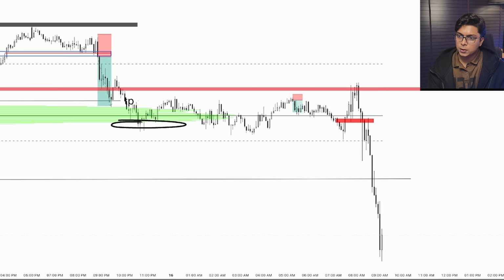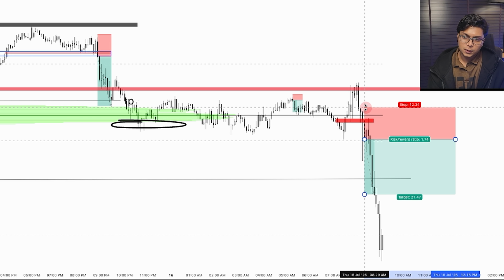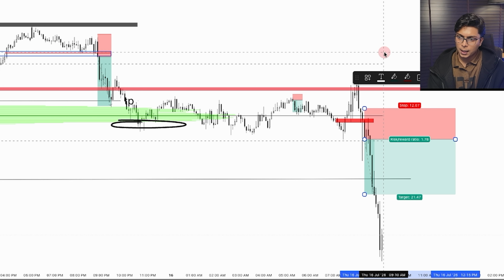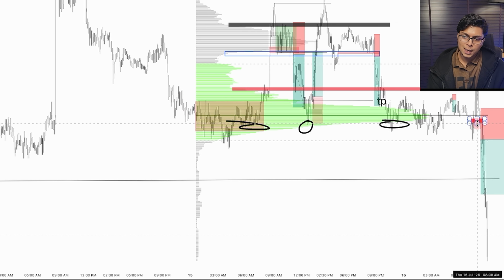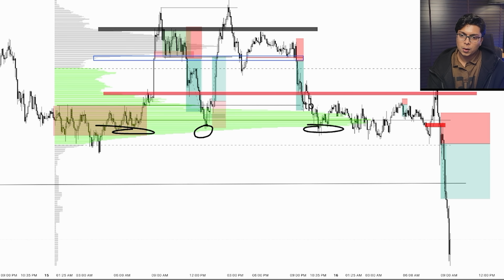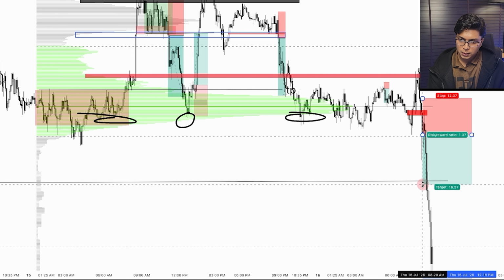So I'm taking entry at this candle, with stop loss at this high. The reason I'm putting my stop loss at this high is because there is a low volume area and this area is already acting as a good resistance zone. I always like to keep some resistance below my stop loss if I'm selling and targeting this swing low.